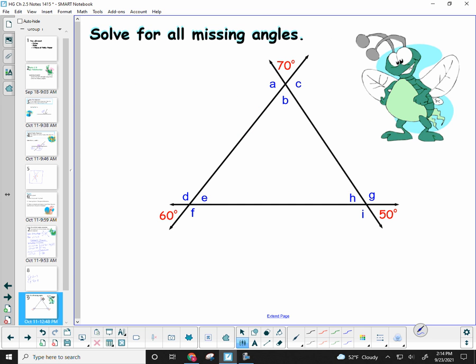All right. Take a minute here with your table group. I want you to solve for all the missing angles.